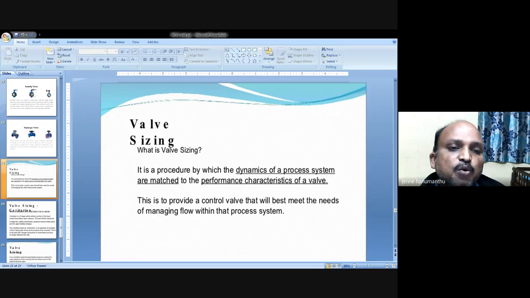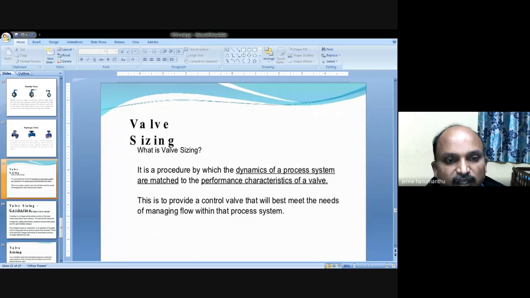What is Q? Q is the flow rate. What is A? Area of the pipe. What is small v? Velocity of the flow. That is, how much velocity the fluid is moving with. And that can also be modified like this: Q equals k into root of del p.